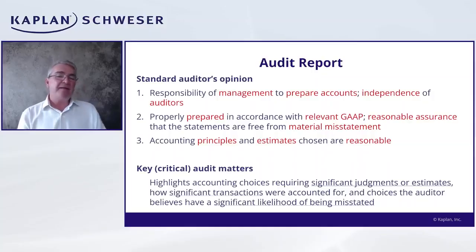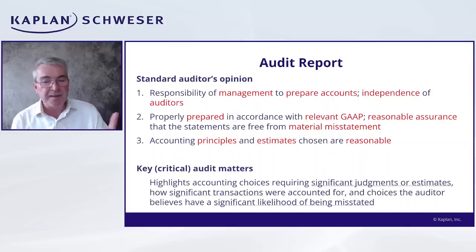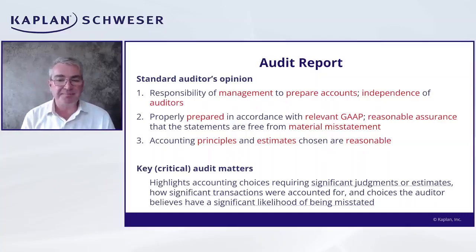It will also set out the independence of the auditors, the fact that the auditors are not beholden to the management of the company, they actually report independently to the shareholders. It will then set out whether the accounts have been properly prepared with the relevant GAAP. Remember the two GAAPs that we see. GAAP stands for Generally Accepted Accounting Principles, and the two ones we have are US GAAP and IFRS in our exam.